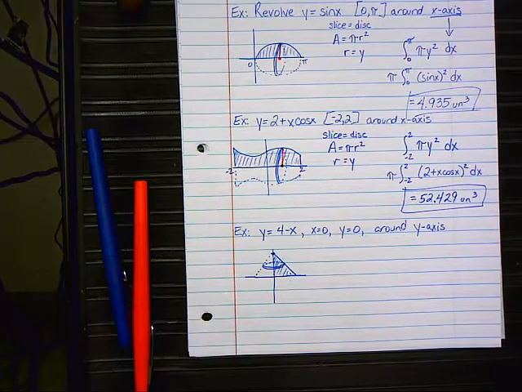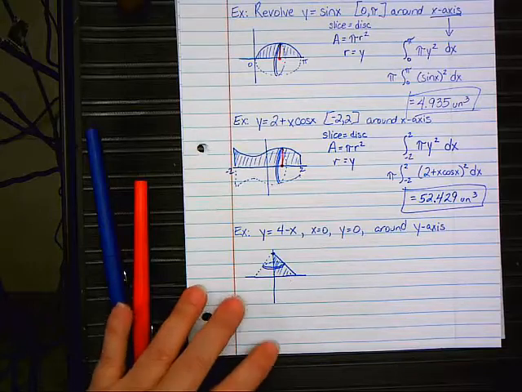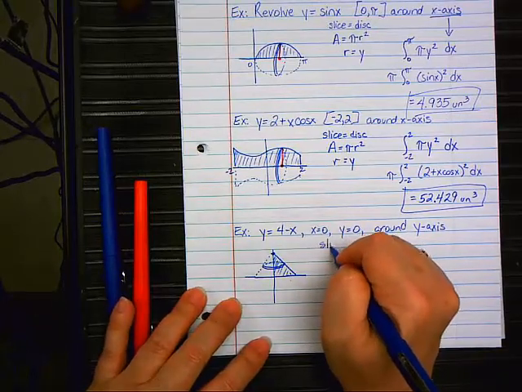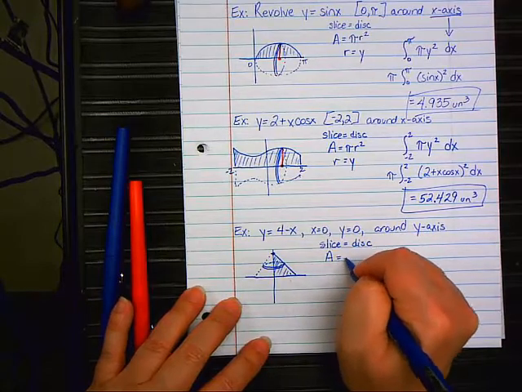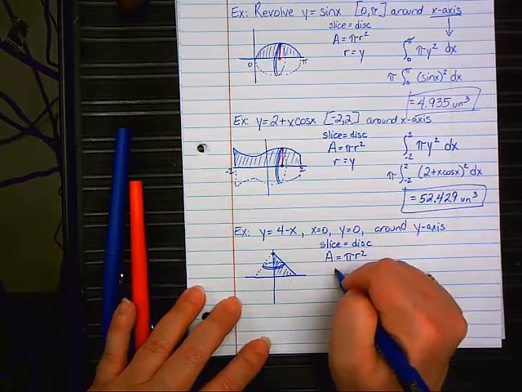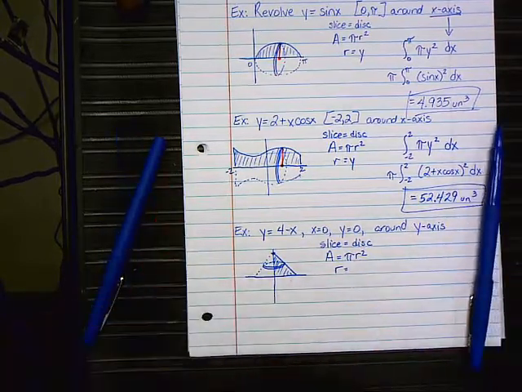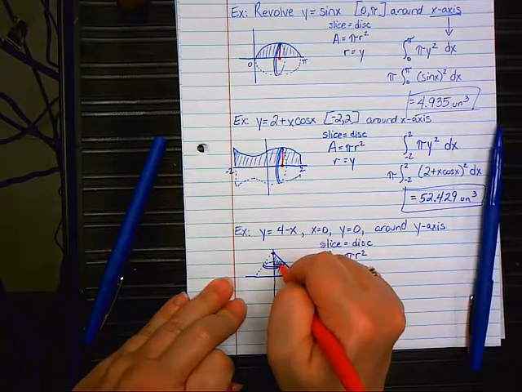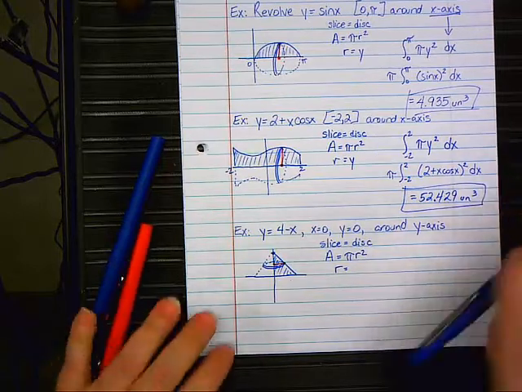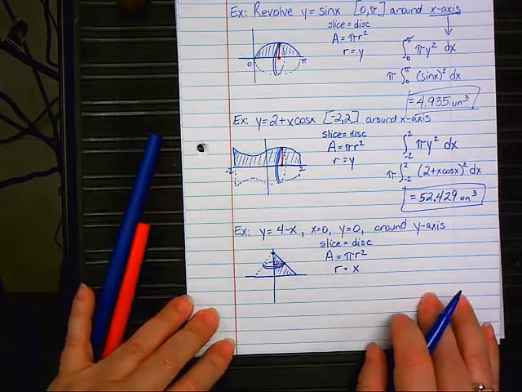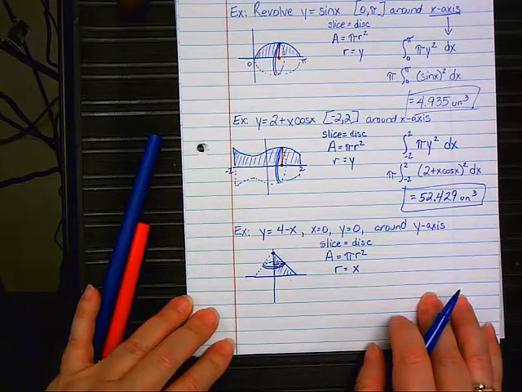The piece and the mirror are solid, okay? So the slice, once again, is a disk. The area is still pi r squared, but the radius is not y anymore. Because the radius goes horizontally this time, the radius is now x. Does that make sense to everybody?